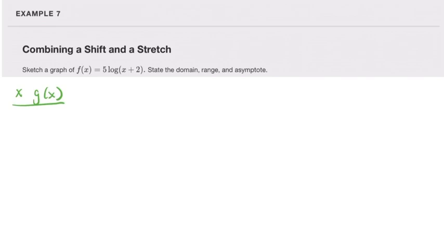The parent function is just going to be log of x, so g equals the log of x. I'm just going to use -1, 0, and 1.